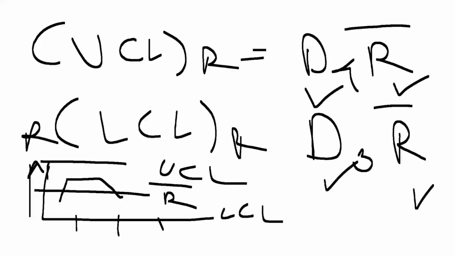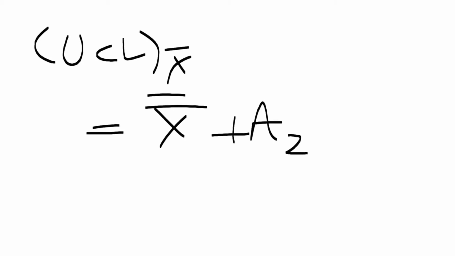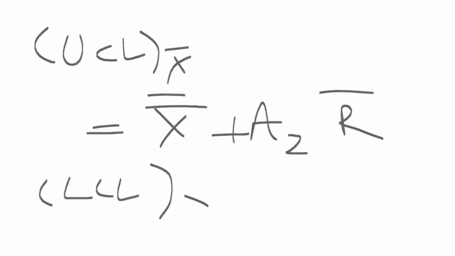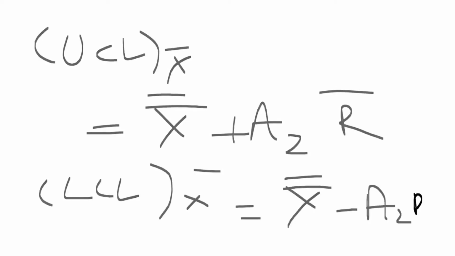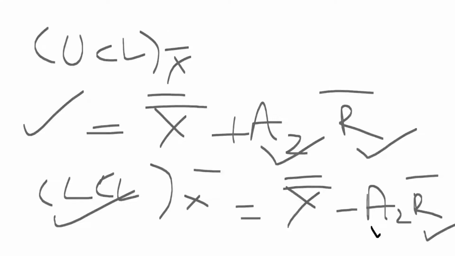So how is it done? UCL for X bar equals X double bar plus A2 into R dash, and LCL for X bar equals X double bar minus A2 into R dash. This is the way LCL and UCL for X chart are calculated with the help of R mean and the value of A2.